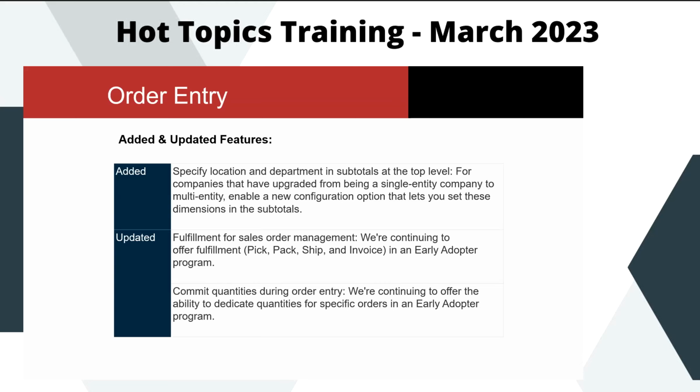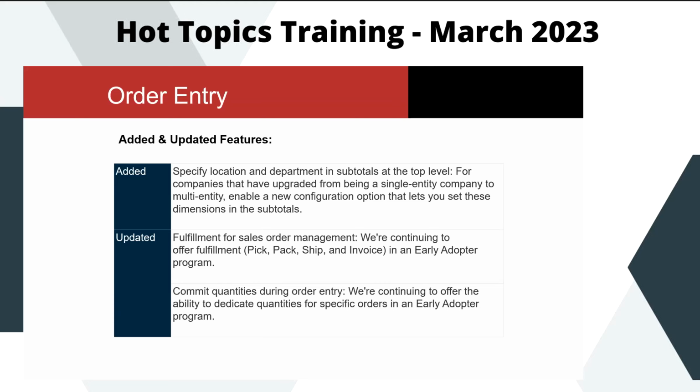Also, the department and location fields will appear in the subtotal subsection for that transaction that you have created at your top level. That transaction will inherit any department or location value that is set in the transaction definition.